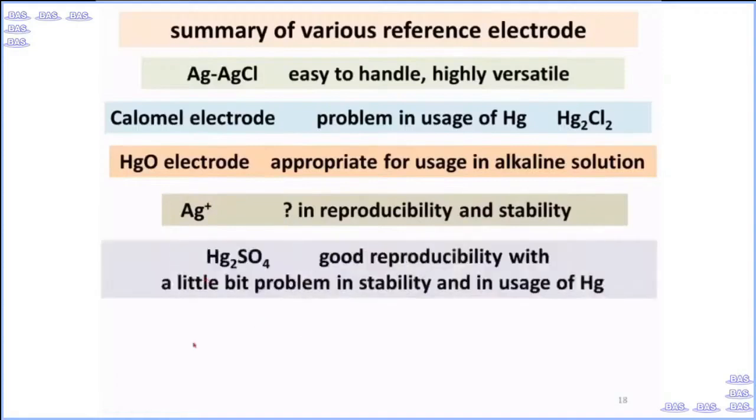Mercury sulfate has good reproducibility, rather not definitely good, but rather good reproducibility with a little bit of a problem in stability and usage of mercury, but not so big a concern.